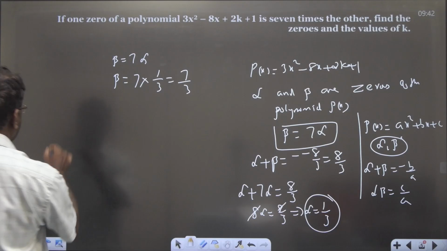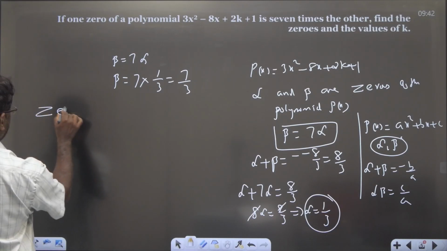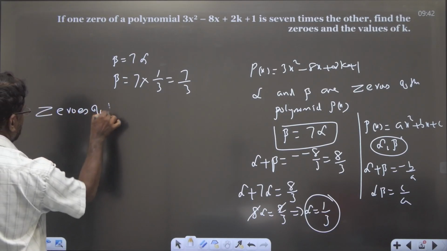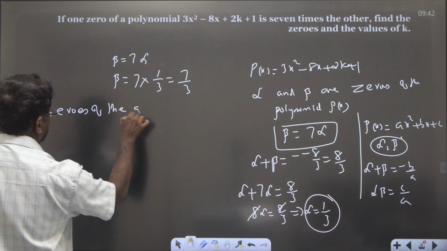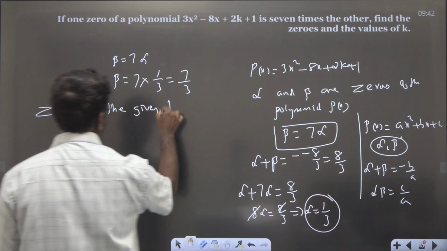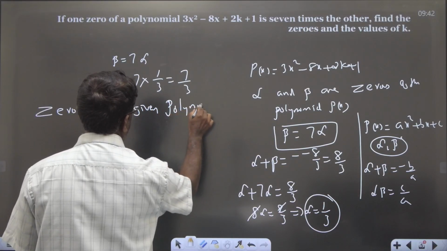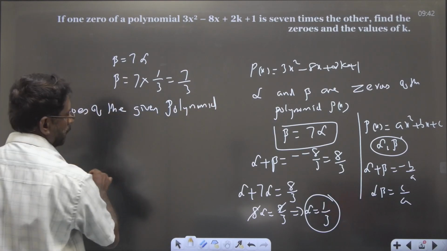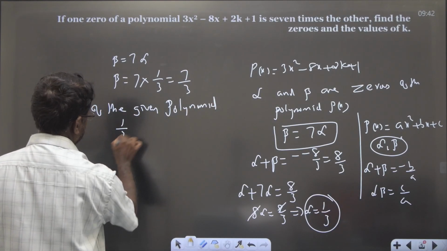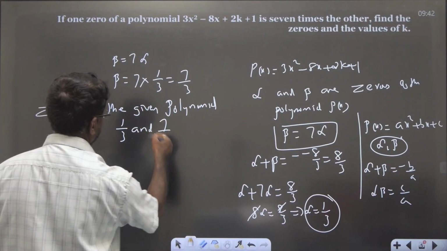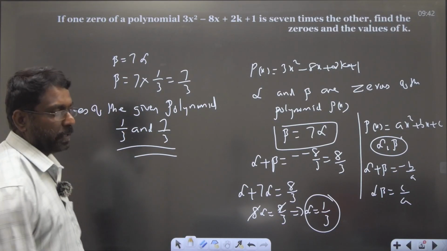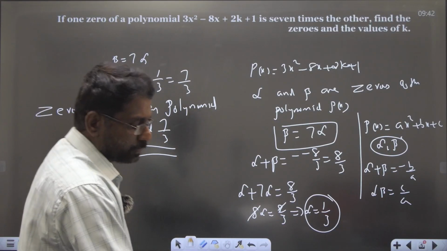Therefore, the zeros of the given polynomial are 1 by 3 and 7 by 3.